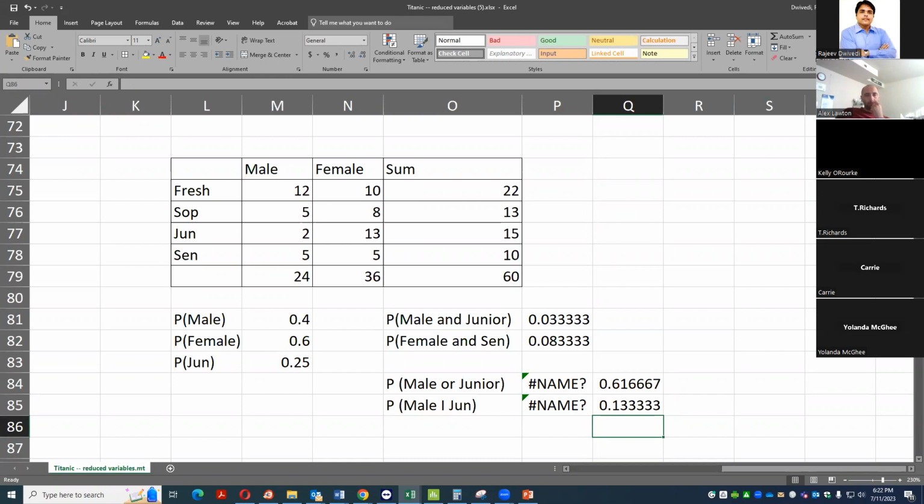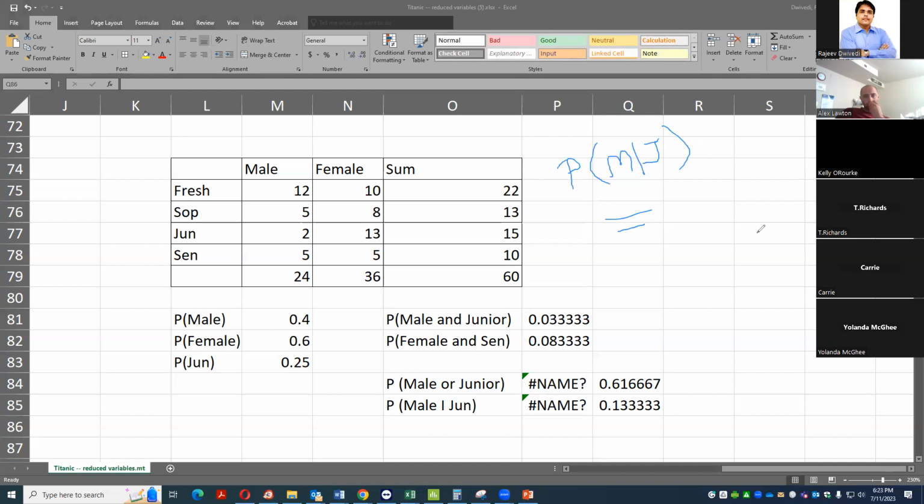Actually the formula is probability of male given junior, which is the common between the two, probability of male and junior, divided by probability of junior.